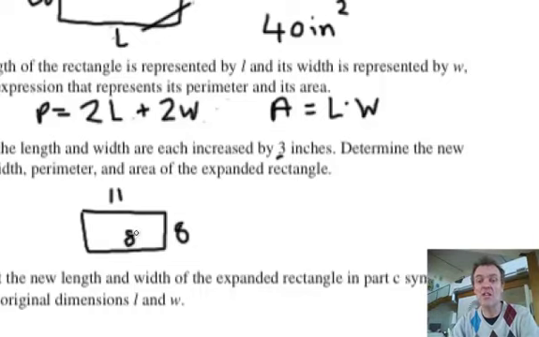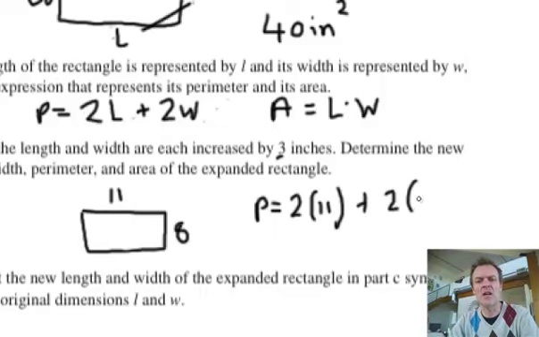So, again, the new perimeter. Well, I can put it into that equation above, can't I? I don't have to keep writing this. I'm just going to put it into the equation I've created. It's 2 lots of length, so the perimeter is 2 lots of, what's the length? It's now 11. Plus 2 lots of width, which is now 8.